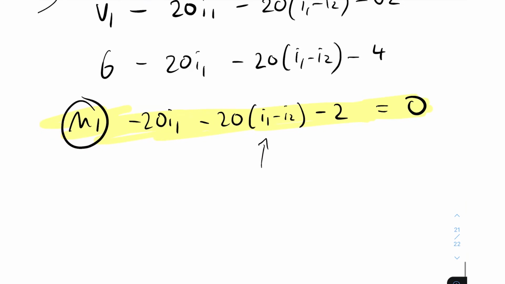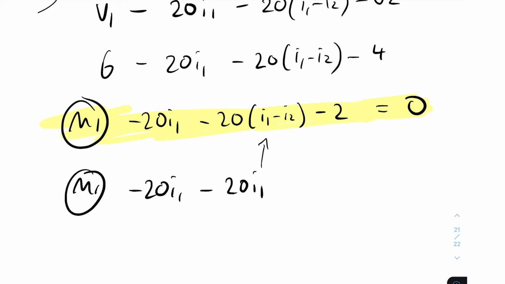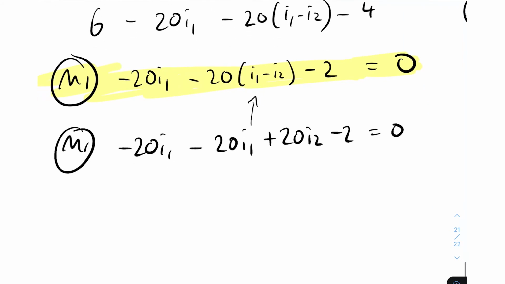Cool. And then let's just multiply out these brackets. So minus 20 I1, and then minus 20 I1 again. And then minus 20 times minus I2, which is plus 20, right? So plus 20 I2 minus 2 is equal to 0.